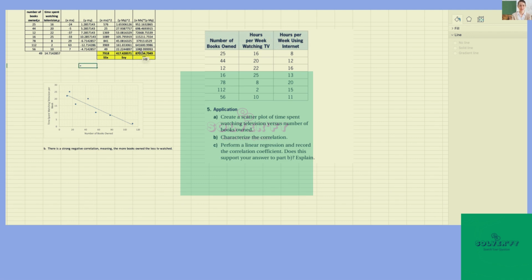Okay. So then I'm going to calculate my correlation coefficient. I'm going to take my sum of the products and divide it by the square root of the sum of the squares of X times the sum of the squares of Y. That does not look right.